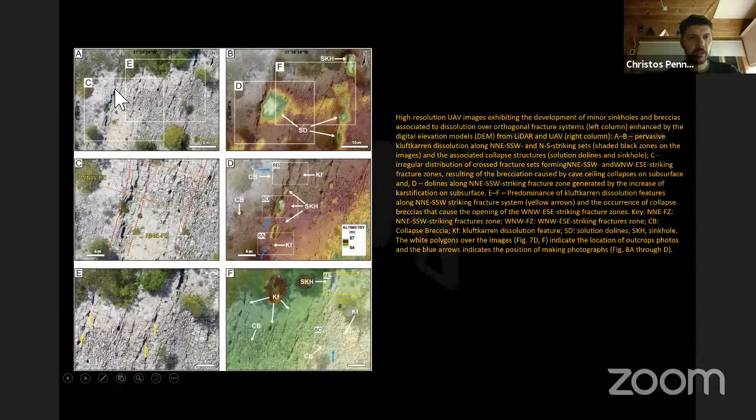They were able, with the drone imagery, to find and delineate these highly fractured areas, where in the E part of the image they were able to detect some openings, some potential caves in that area. Using the hypsometric data, they were able to detect some depressions on the ground, and you can see them here.